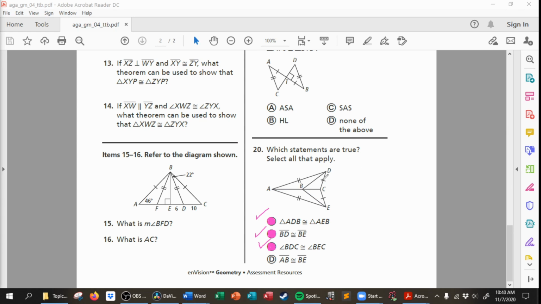With some of our other information, we know stuff like this is congruent now, but we're not seeing any congruency reason here. Later on, we'll learn about the centroid and a couple other things, and we might be able to make more of a statement on it, but even then, we can't really say much about this, so this one's not going to be true.